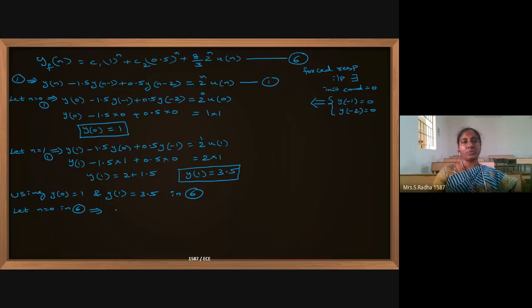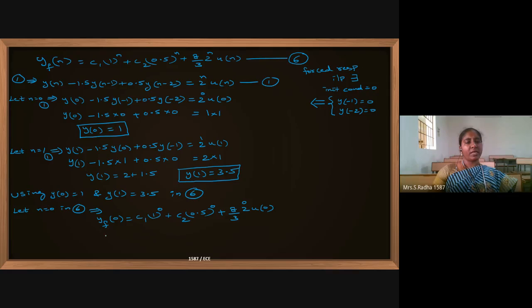Only then can we use this y of 0 equal to 1. The left side is yf of 0 equal to C1 1 power 0 plus C2 0.5 whole power 0 plus 8 by 3 and then 2 power 0 u of 0.